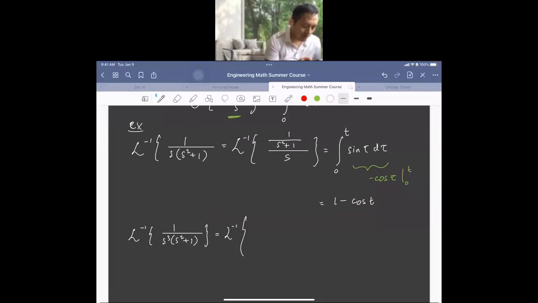We can make it into, let's just say if we have this s at the bottom, the rest will have 1 over s squared and then s squared plus 1, right?